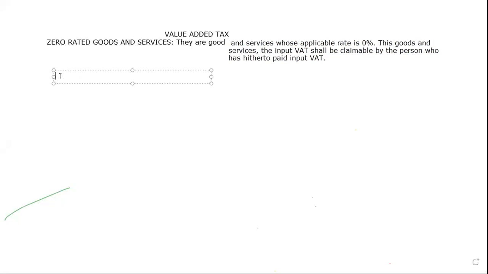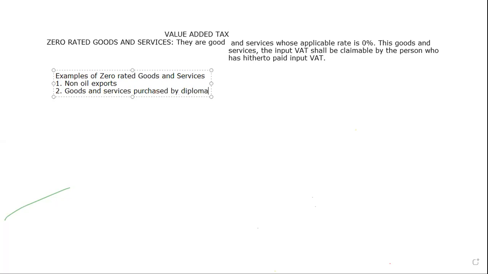Now, let's look at examples of zero rated goods and services. One, we have non-oil exports. Two, we have goods and services purchased by diplomats.